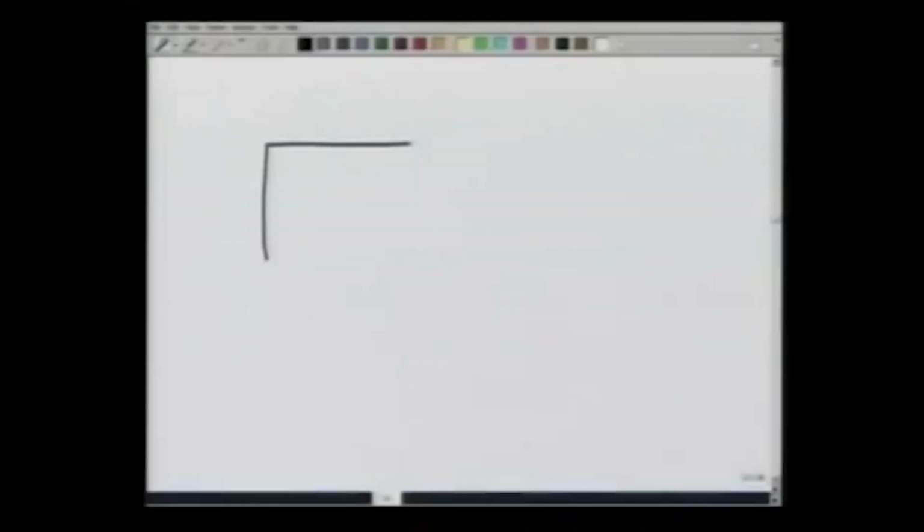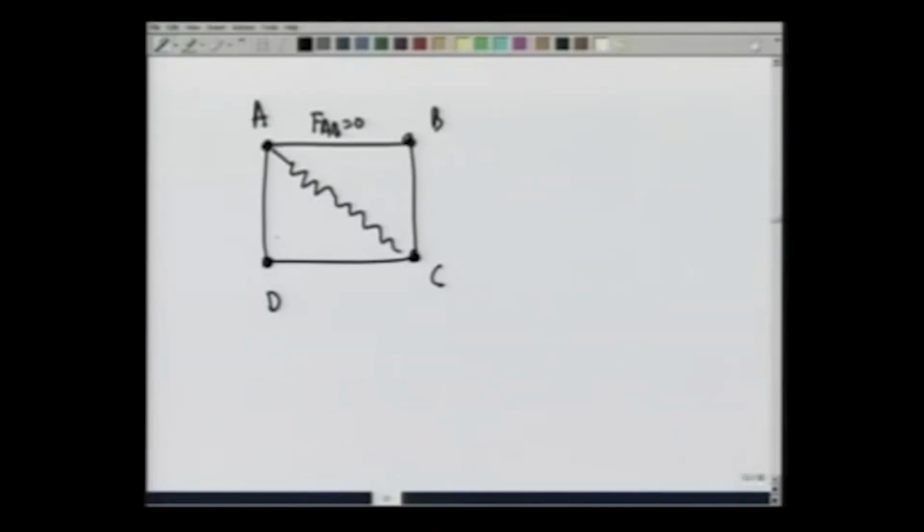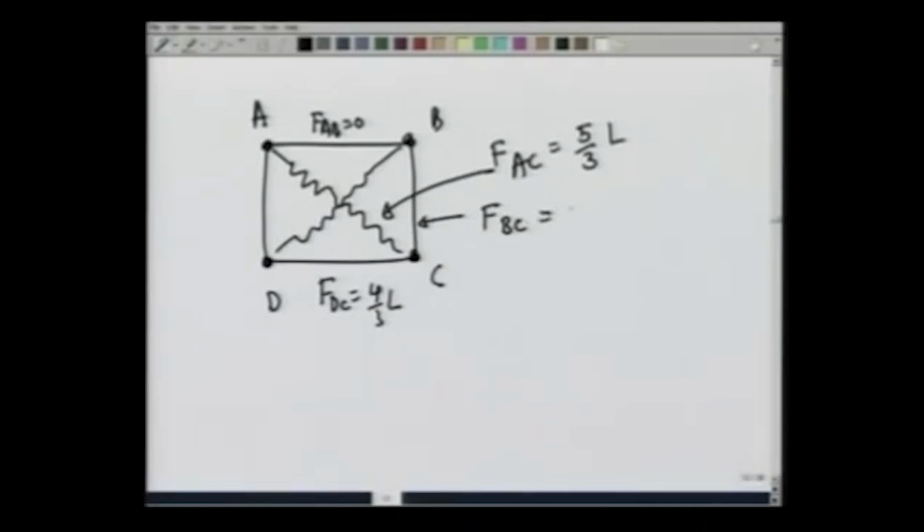What we have found on this frame: F_AB is 0, F_AC is 5/3 L, F_DC is 4/3 L, F_BC is equal to L, F_AD is equal to 0, and F_DB is equal to 0.